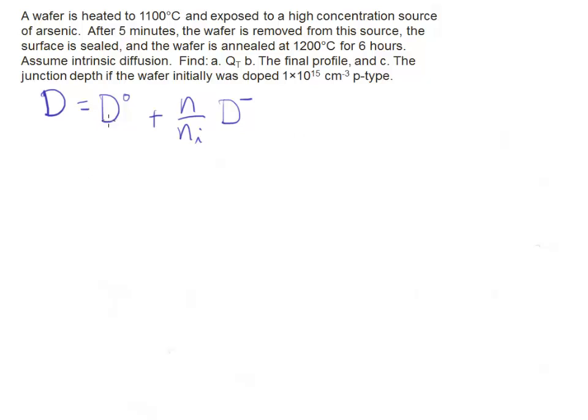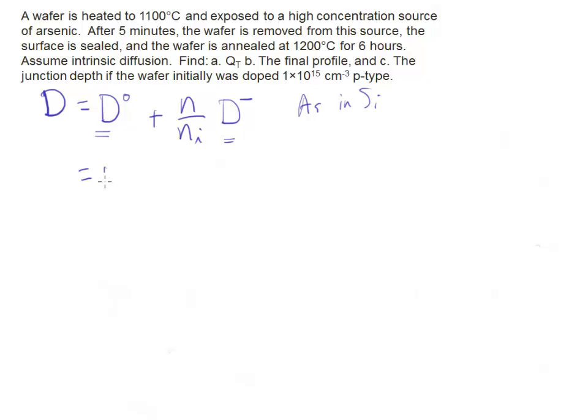And each of these can be expanded. So first of all, looking at table 3.2, we see that we have to include both the initial diffusion coefficient and the -1 diffusion coefficient in the case of arsenic in silicon. Okay, and so I have to figure out these two diffusion coefficients.